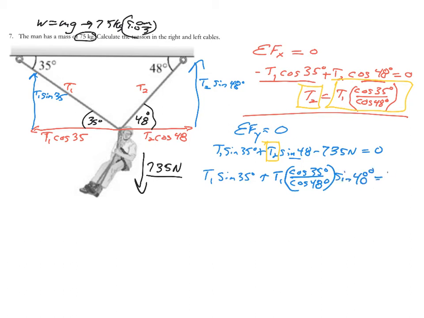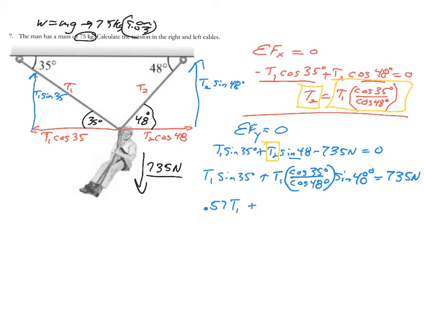And I'm going to throw that 735 to the other side. All right. So it's T1 times the sine of 35. Sine of 35 is 0.57. I'm going to write it 0.57 T1. Remember how I switch it at the end? I'll just do it in the beginning.